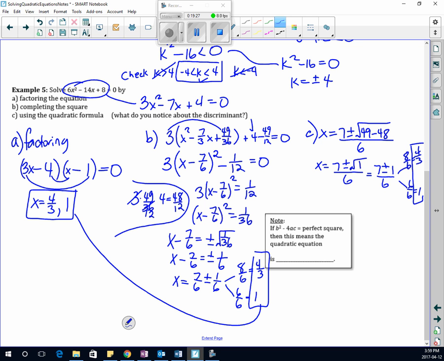Your second method should always be going to the discriminant. Before you do the quadratic formula, try the discriminant. If the discriminant is a perfect square, that means the quadratic equation is factorable. If it's not a perfect square, then you've done half of the quadratic formula, so keep going.